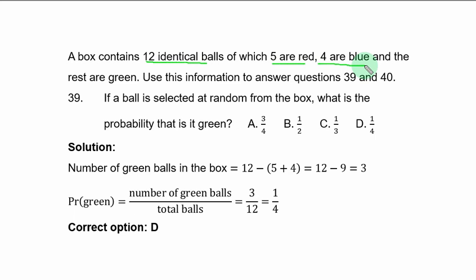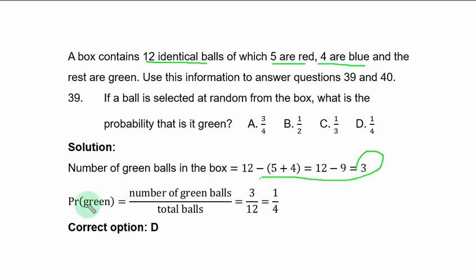From the question, number of green balls, they are unknown, but you have the total and red with blue ball. So if you add red and blue and you subtract it from the total, you have green balls. This is what you have here, and the green balls are 3 in number.